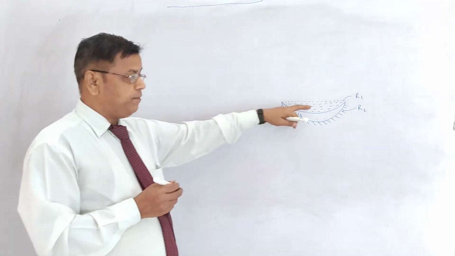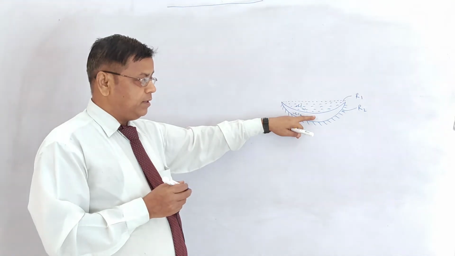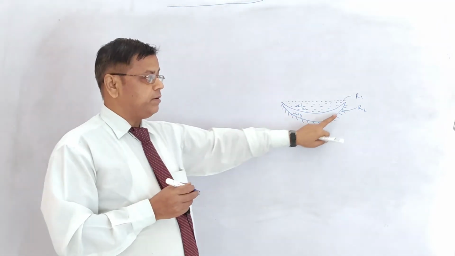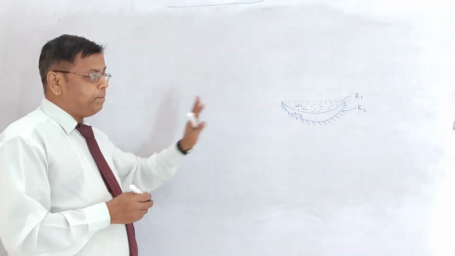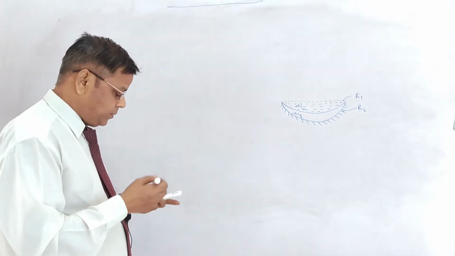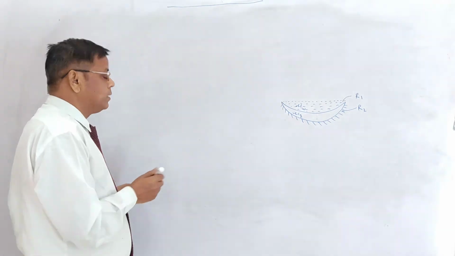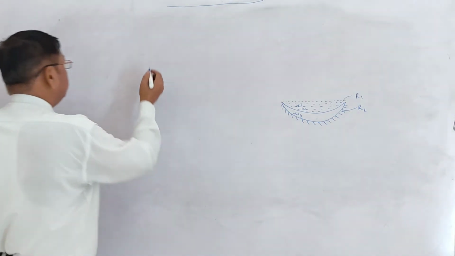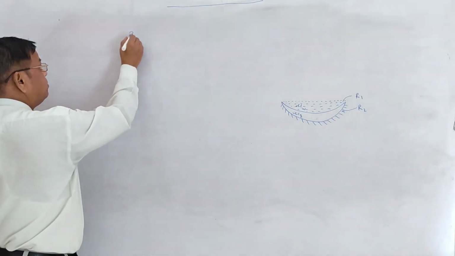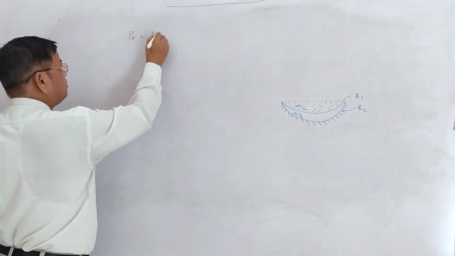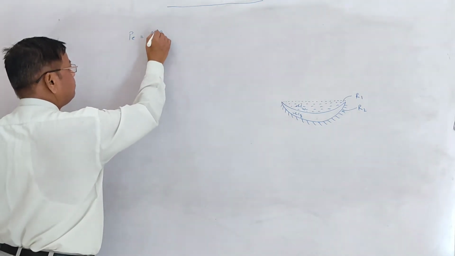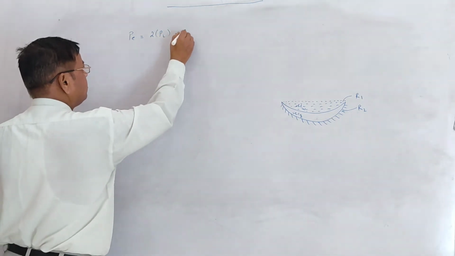So a combination of lenses and then a mirror. So how to find the effective power of this? Let us see. Effective power is 2 times power of lens plus power of mirror.